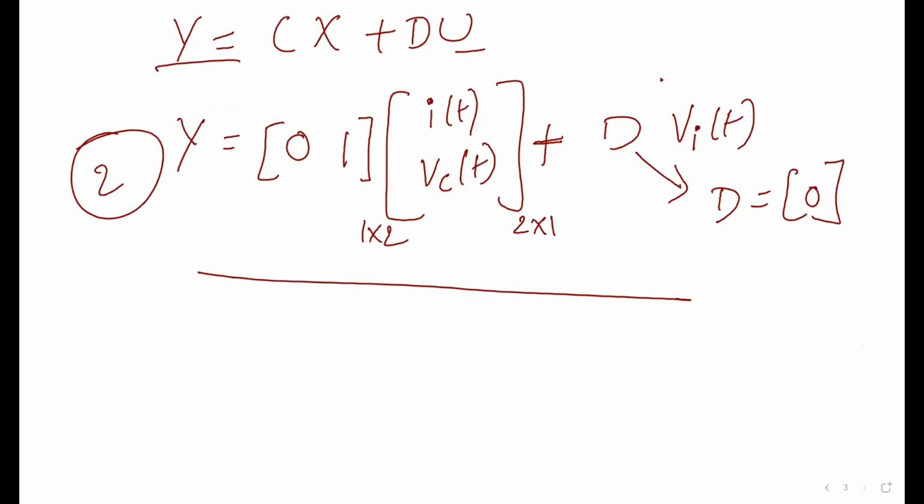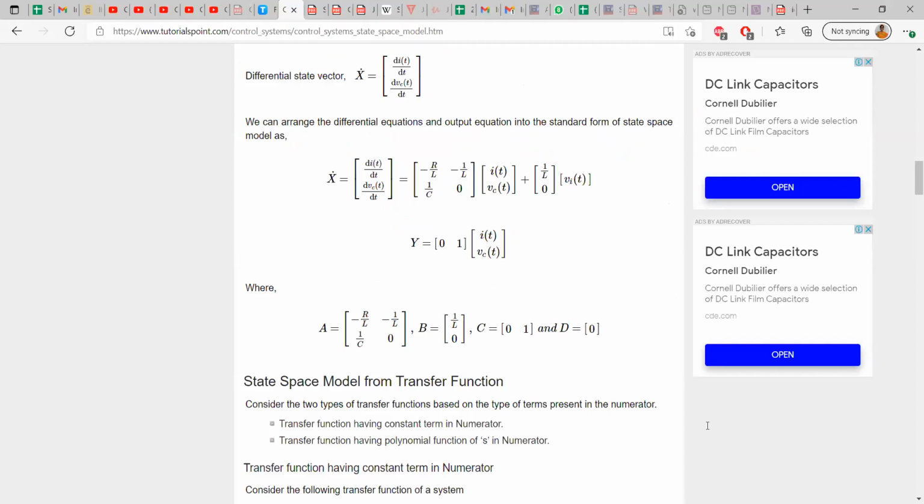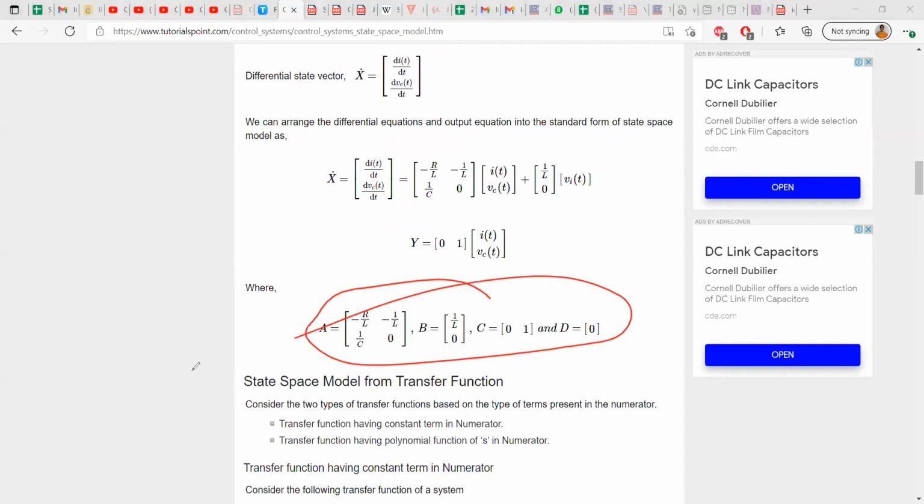So this is how we can frame the state space model from the given circuits. So this is how we are getting the matrices.